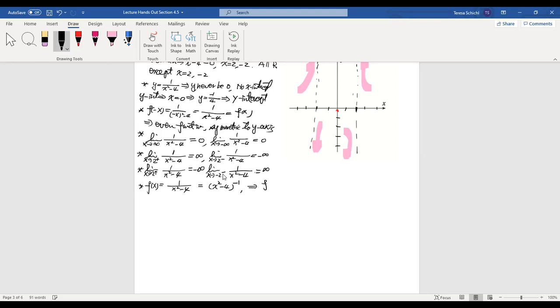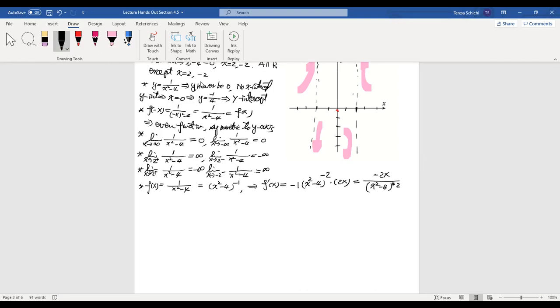Let me take the first derivative, f prime of x: you move the negative 1 down, so this is negative x squared minus 4 to the negative 2, then the chain rule 2x. So you get negative 2x times x squared minus 4 to the negative 2, which is a positive 2 when moved to the denominator.